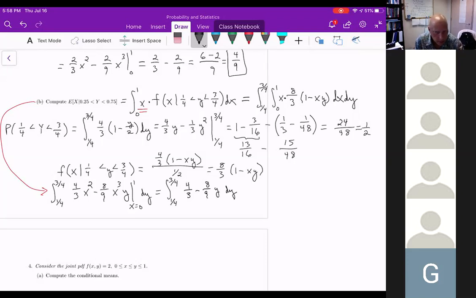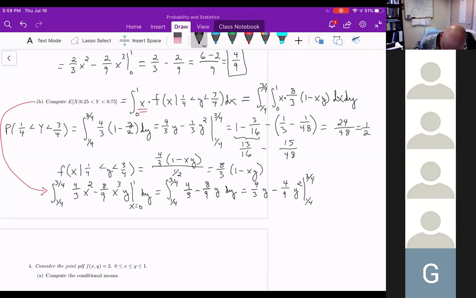And now we need to integrate this line. So we're going to get 4/3 y minus 8/9 y squared over 2, which is 4/9 y squared, which again, we're evaluating from 1/4 up to 3/4.